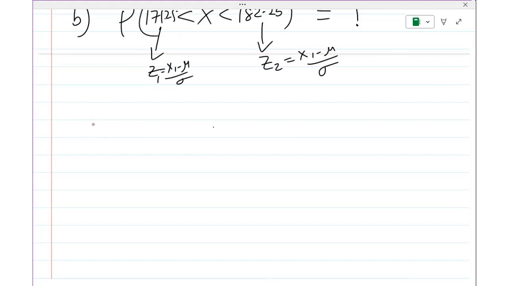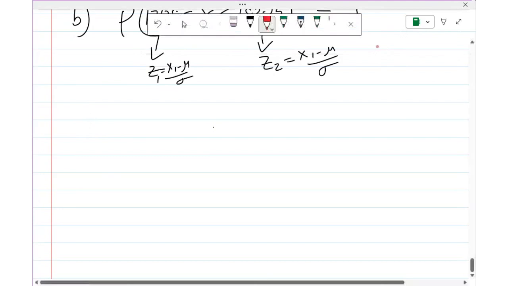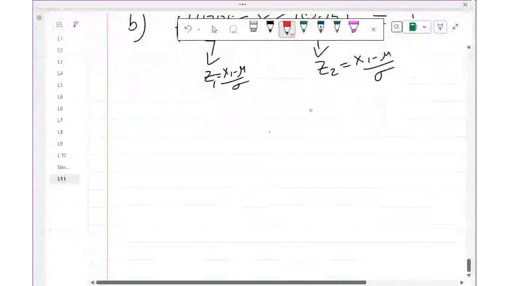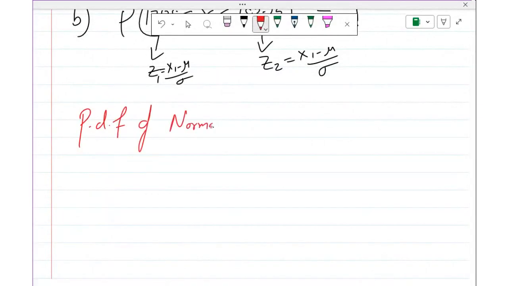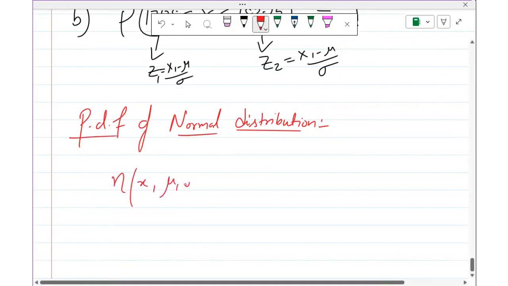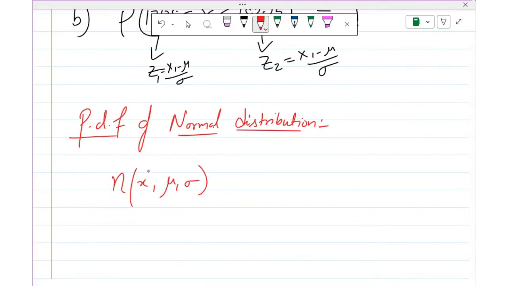So first I am telling you the probability distribution function of the normal distribution, or density function you can say. So we denote it by N(x, mu, sigma) because N means normal distribution, x is a random variable, mu is the mean, and sigma is the standard deviation.